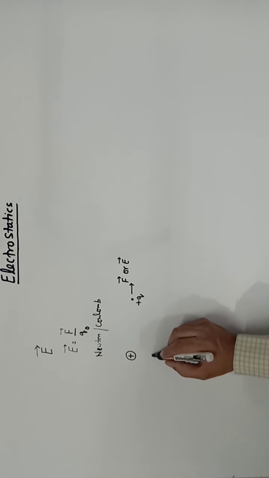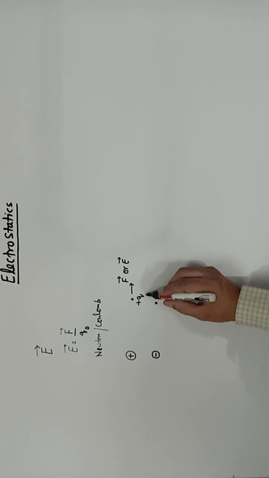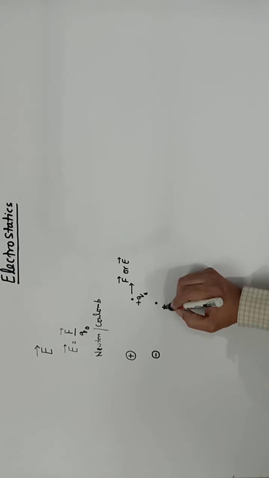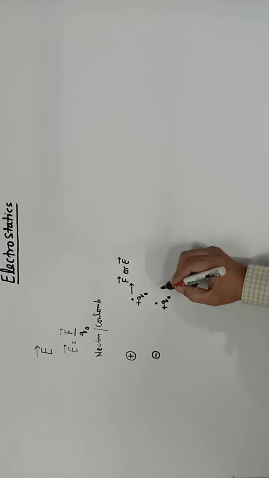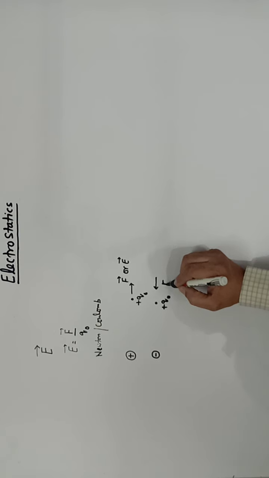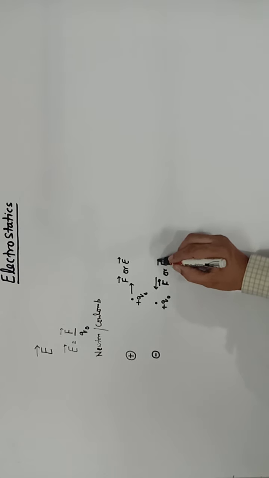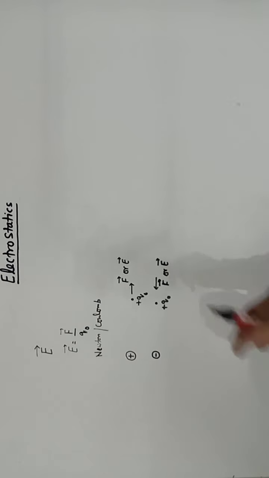If the charge which produces the field is negative, and a test charge plus Q naught is placed here, the direction of the force is this, and the direction of electric field intensity is this. Both are the same.